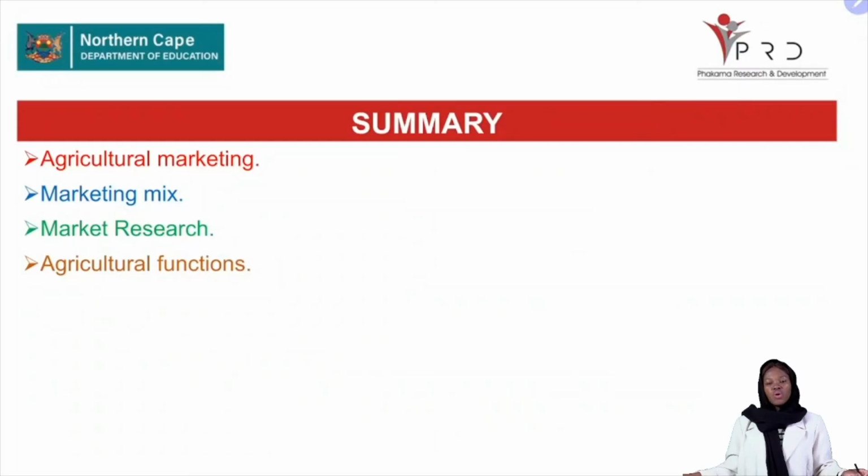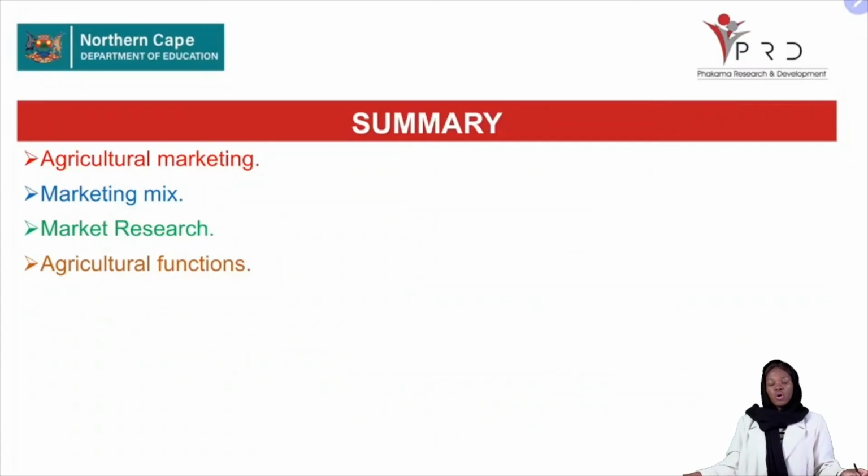We also covered the marketing mix that consists of 4 P's, which are the product, the place, promotion, as well as the price. We also looked at market research, where the producer is expected to collect information from consumers, people who will be buying and using these products.